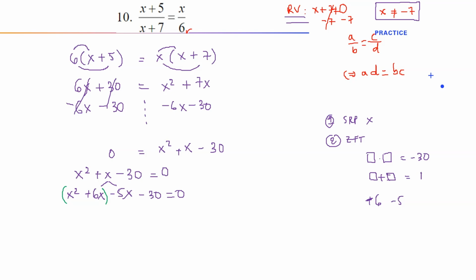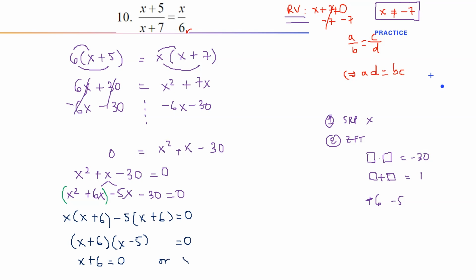For the first 2, we have x in common, and then left with x plus 6. For the second group, we have negative 5 in common, left with x plus 6 as well. Now the common factor, x plus 6, left inside x minus 5. That equals 0.